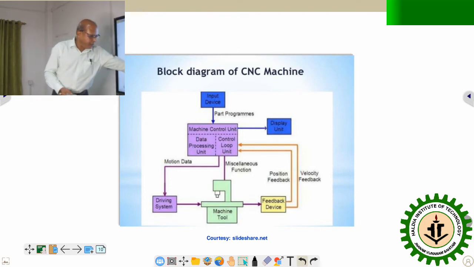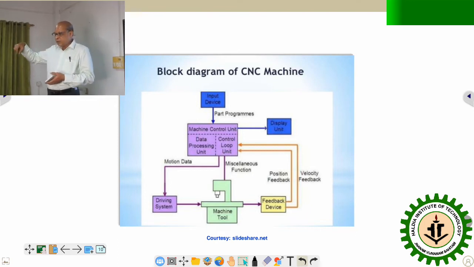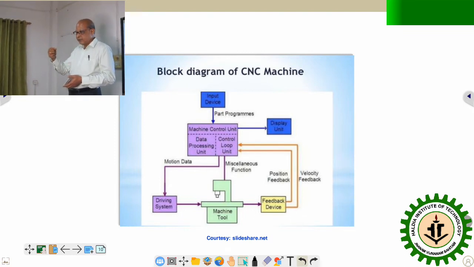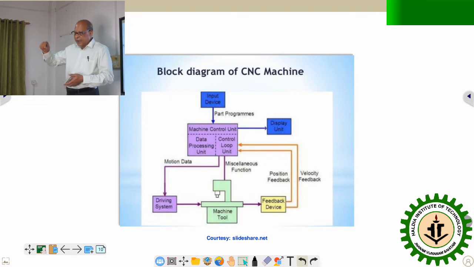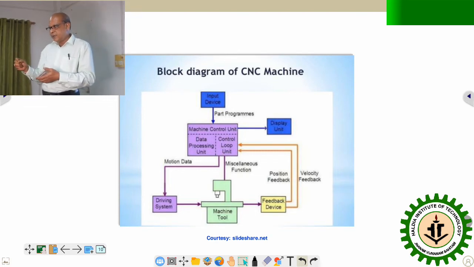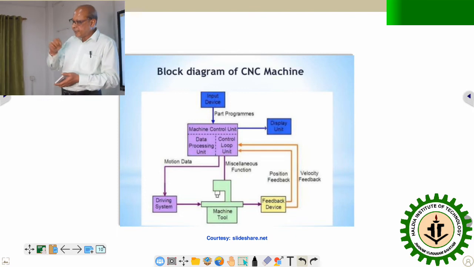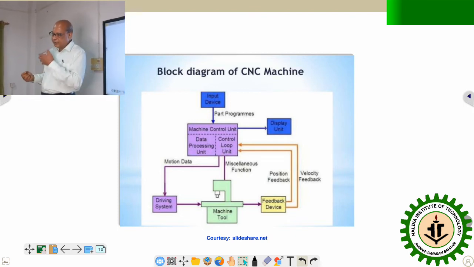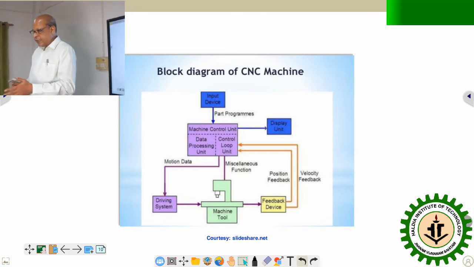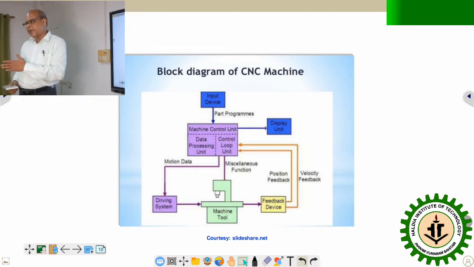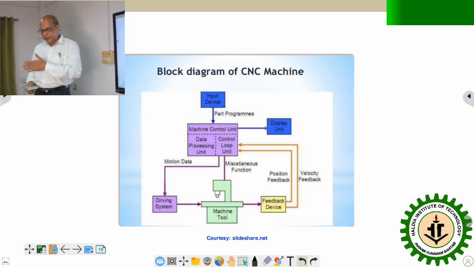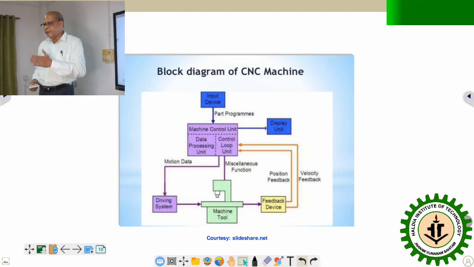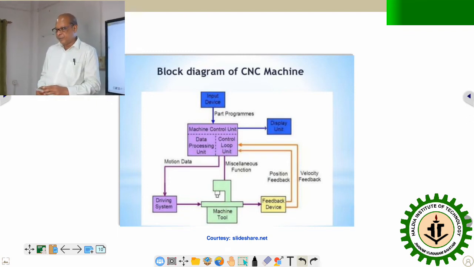Feedback means as the tool or the table starts moving, the instantaneous positions and velocities are recorded by some feedback devices, and those instantaneous data are fed to the data processing unit so as to calculate the error value and generate an equivalent amount of command, so that continuously there will be monitoring and actuation, and this process will continue until that particular command which is undergoing implementation is completed.